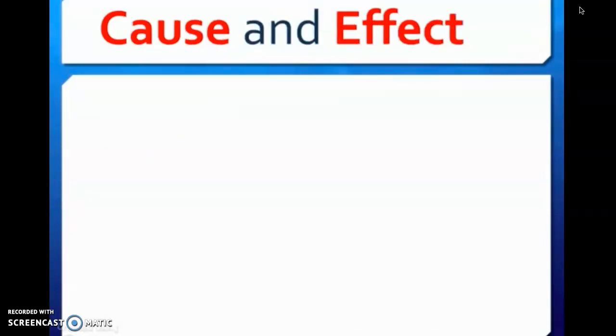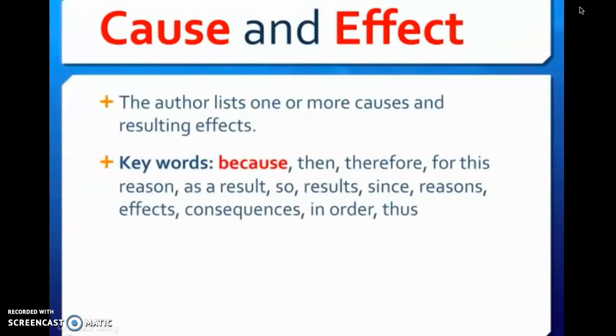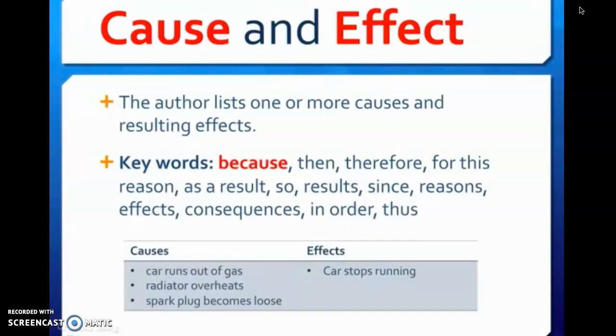The next type of text feature is cause and effect. This is when the author lists one or more causes and then the resulting effects. A cause is what happens before, and the effect is what happens after. So some keywords to look for are because, then, therefore, for this reason, as a result, so, results, since, reasons, effects, consequences, in order, and thus. Because all of these are dealing with what happened before or what happened as a result of after, the cause and the effect.